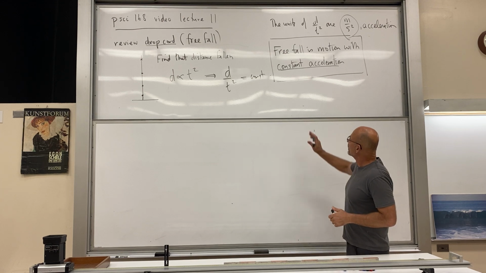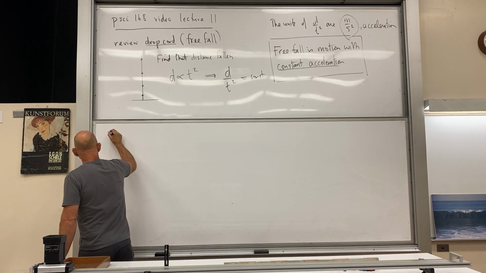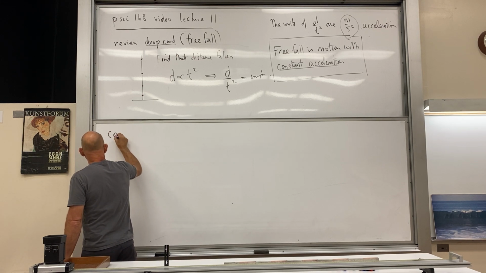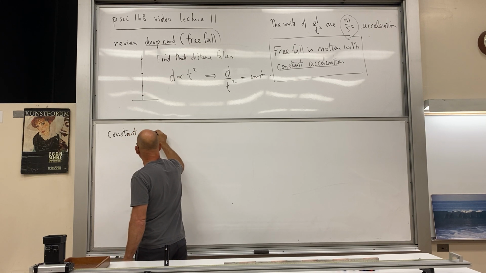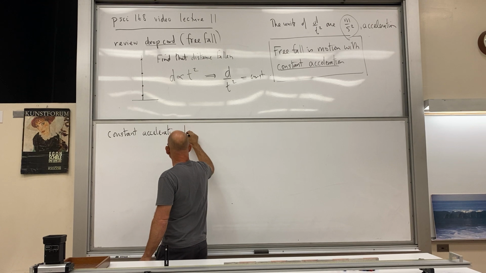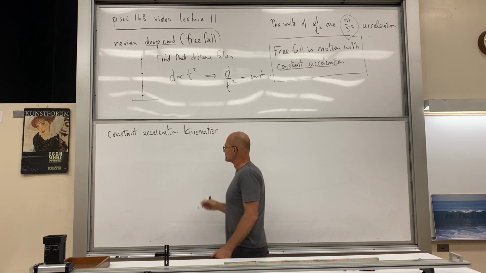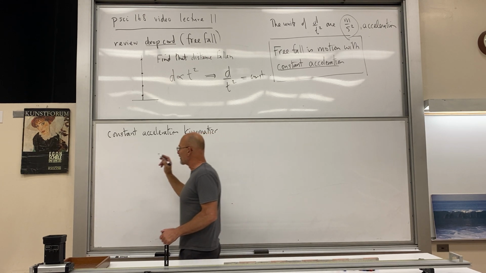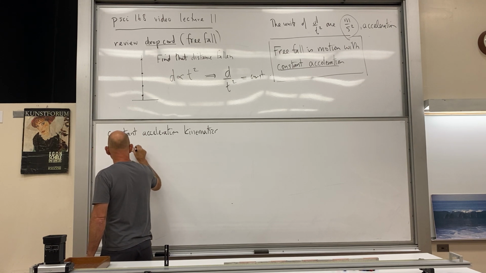So we're going to get the laws of free fall. We're going to call this next topic constant acceleration kinematics, okay? So I have the following definitions. I have V equals delta x over delta t.